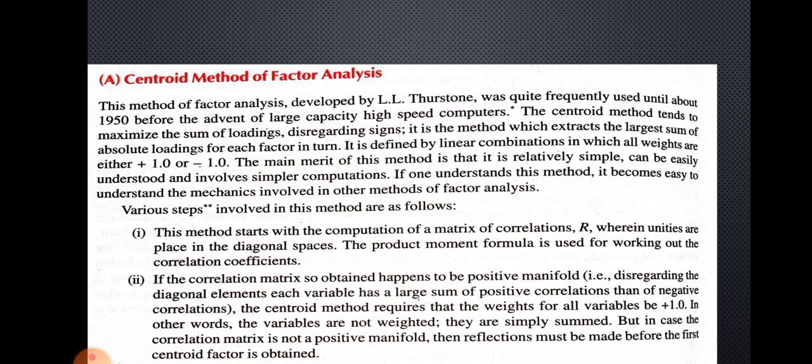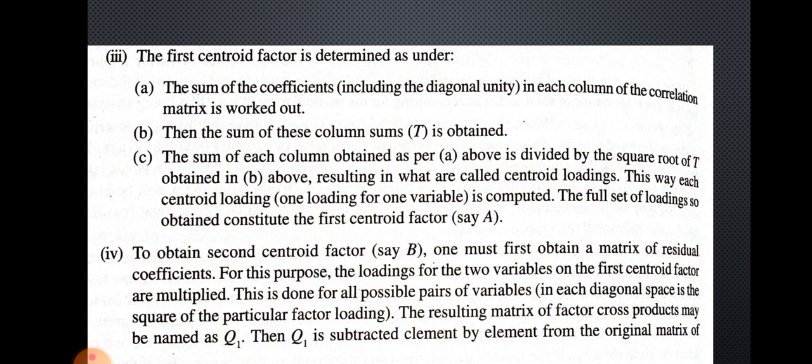Now the next step for the centroid method: the first centroid factor is determined as under. A. The sum of the coefficients, including the diagonal unity, in each column of the correlation matrix is worked out. B. Then the sum of these column sums, T, is obtained.